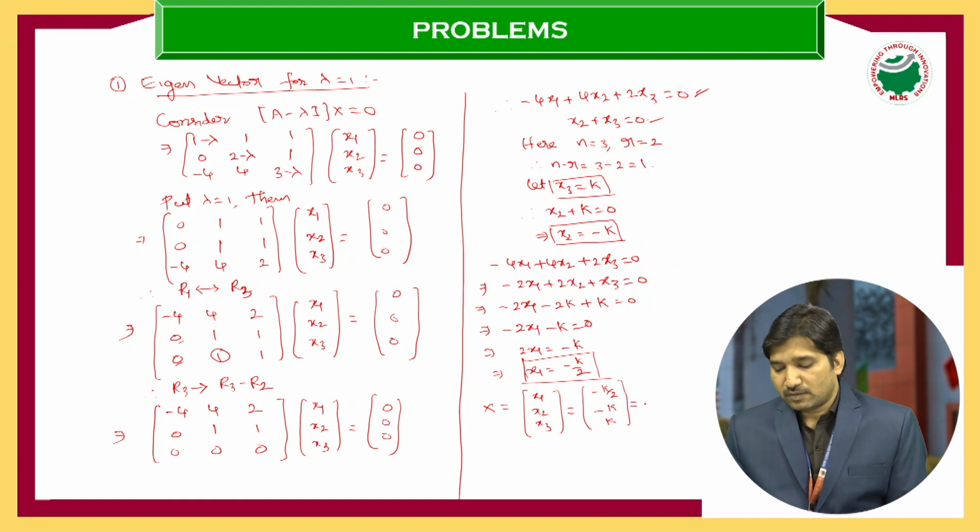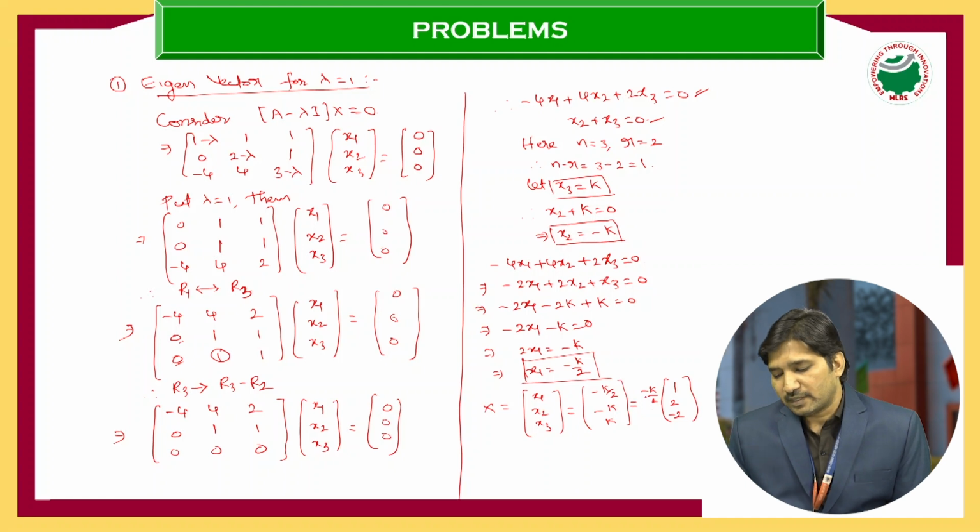Now just take common values of minus k by 2. Minus k by 2, that is 1, this is 2, this is minus 2.